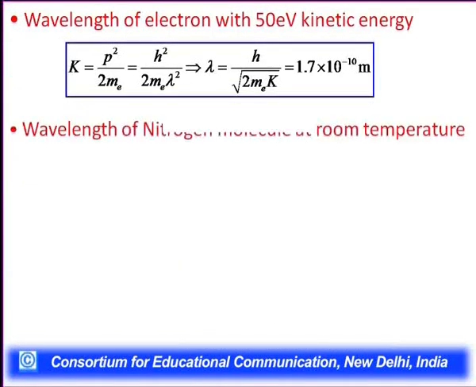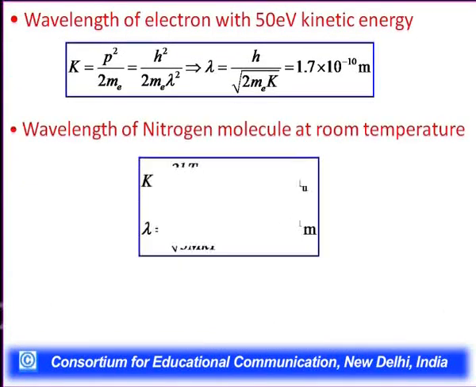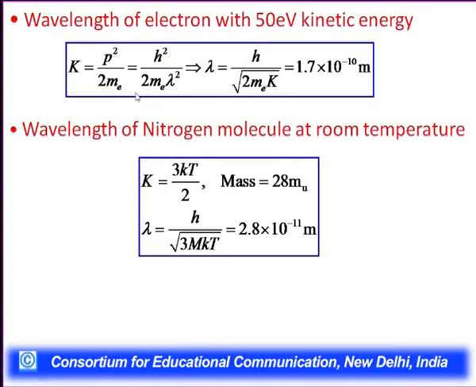The wavelength of an electron with 50 electron volt kinetic energy, K is equal to p squared by 2m, so h squared by 2m lambda squared, and we define lambda as 1.7 × 10⁻¹⁰ meter. The wavelength of a nitrogen molecule at room temperature is defined by K is equal to 3kT by 2, mass is equal to 28, and lambda is equal to h by root of 3mkT, which is 2.8 × 10⁻¹¹ meter.